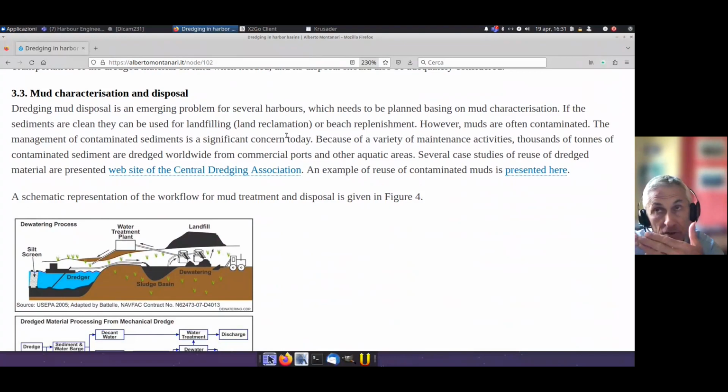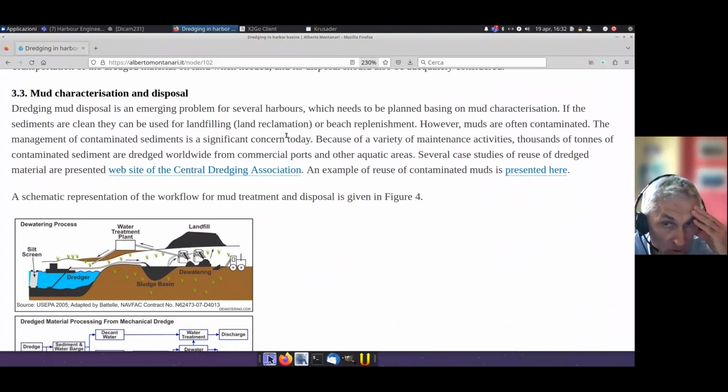And first, we need to make sure that the quality of the mud is characterized. And if the sediments are clean, or let's say they are never clean, but if they are close to clean or can be cleaned after treatment, then they can be used for land filling, for instance, to support land reclamation or beach replenishment.